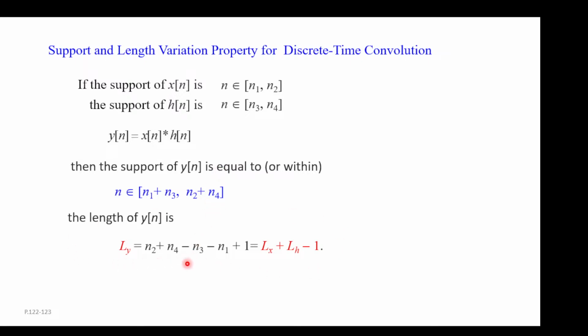And the length, when you do the counting carefully, each length has a plus 1, so when you add the length of x and the length of h, in the end you get a minus 1. That's elementary school math. I guess I went a bit too fast.